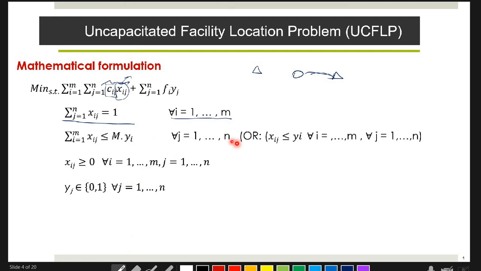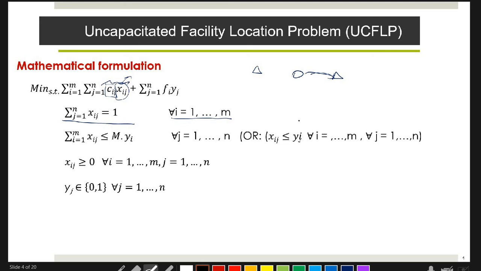The second constraint can be written in two different ways. In our previous lecture, we have seen this version. Remember what Yj is: whether a facility is located at potential location j or not.